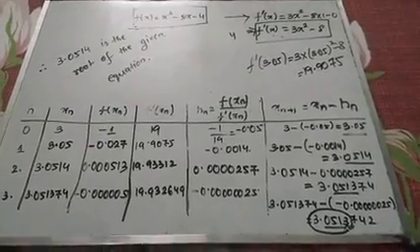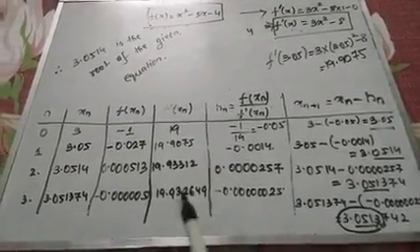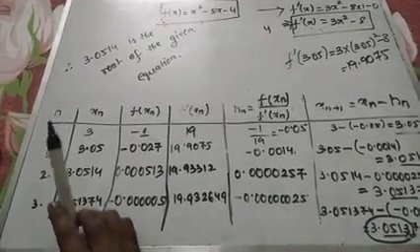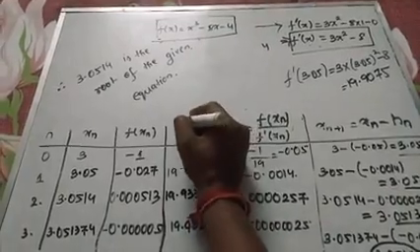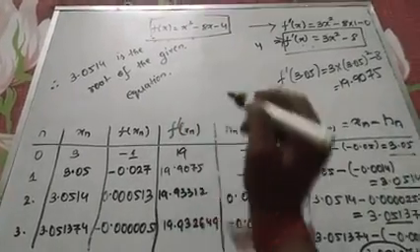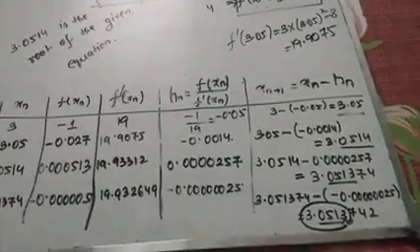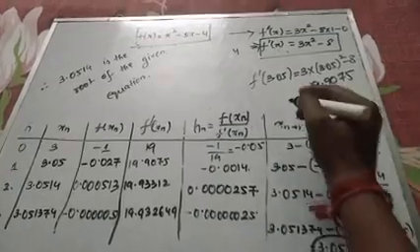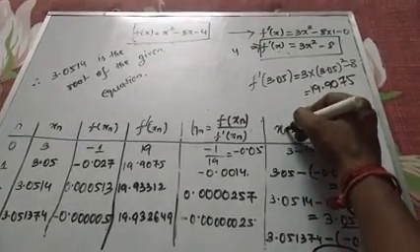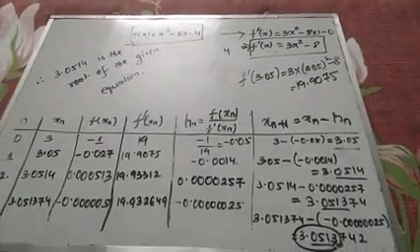So this is the basic method, a basic rule you can say, to solve the problem. First of all for the table we write n, xn, f of xn, f dash xn, then we get hn equals f of xn by f dash of xn, and the last, most important, xn plus 1 equals xn minus hn.